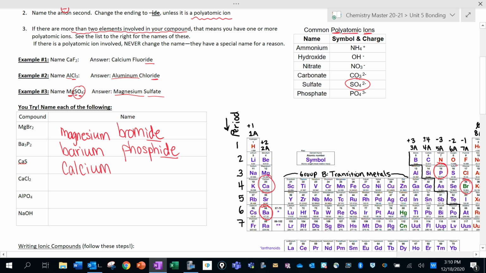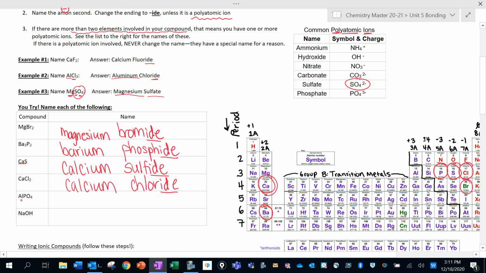And then S over here, that is sulfur. So sulfur becomes sulfide. And the next one is also calcium again. Ca is calcium. And then Cl, chlorine, but it becomes chloride. So you notice on all these ones we're changing the ending to "ide."